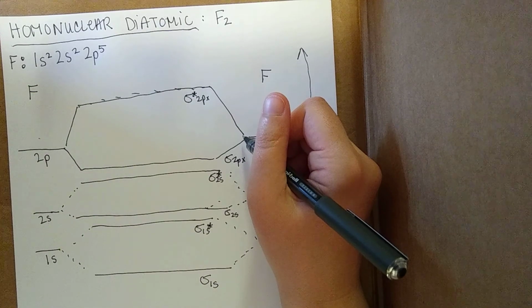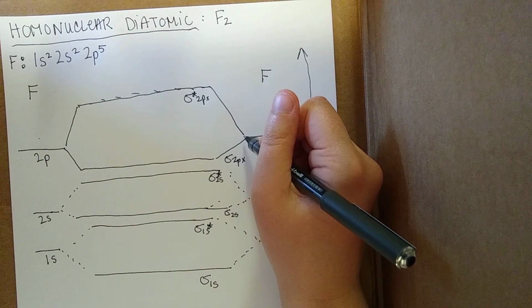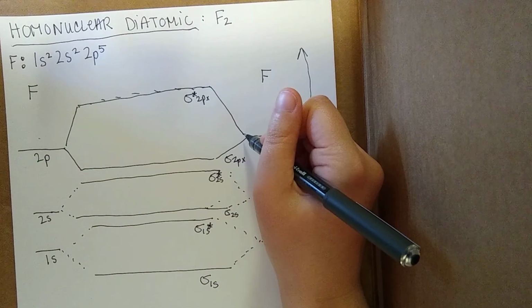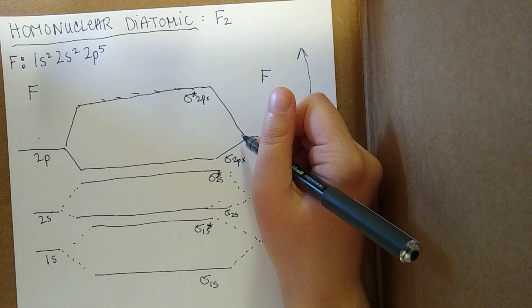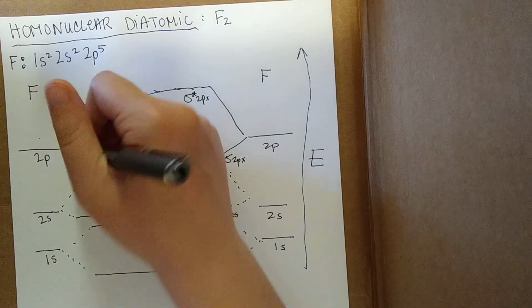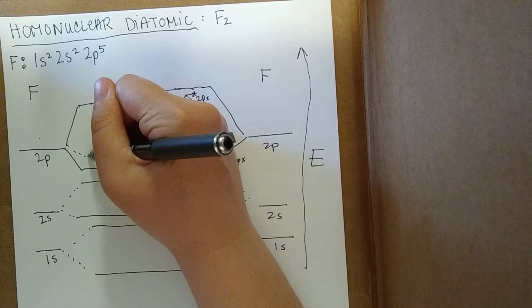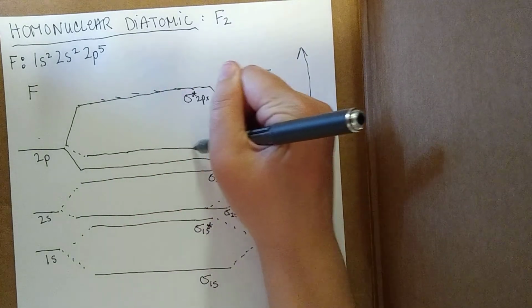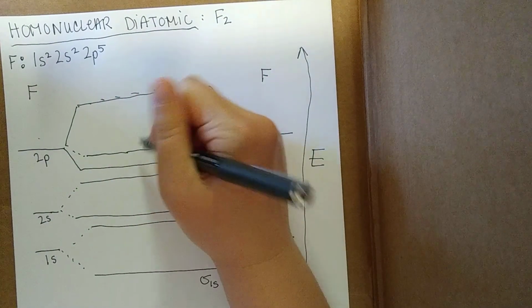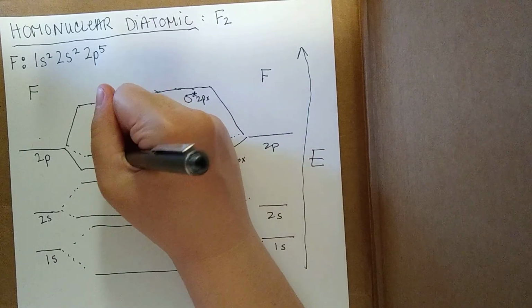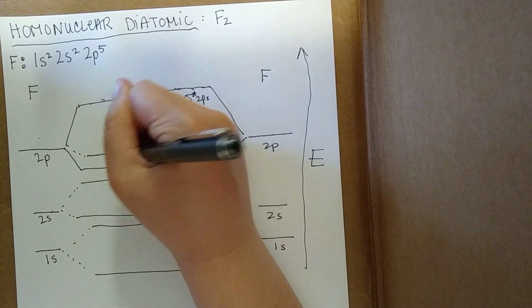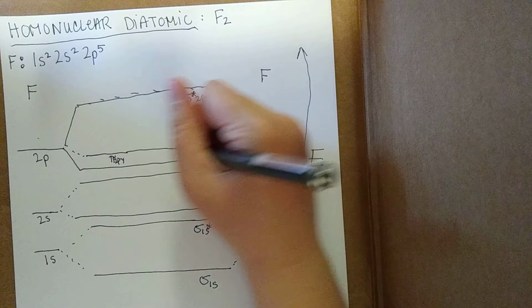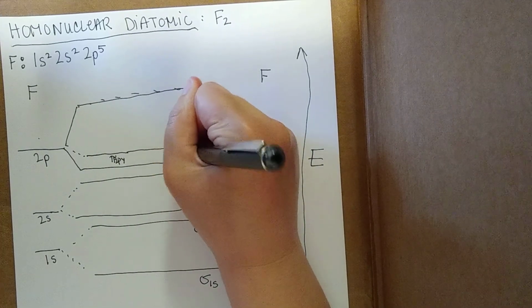The other two, the py and the pz, are going to overlap sideways, and this is going to give us our pi orbitals. So we're going to create pi orbitals here, and there are 2 of them, remember. There's the pi from the 2py, and then there's a pi orbital from the 2pz.